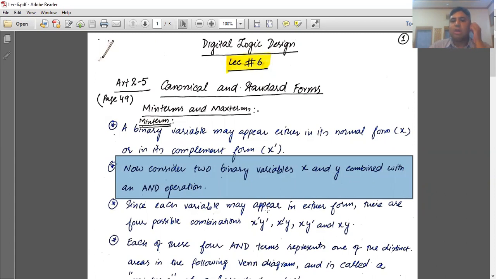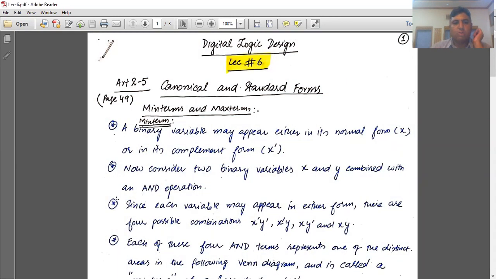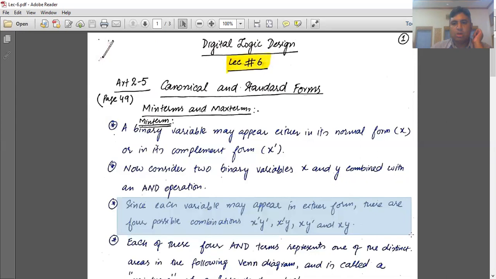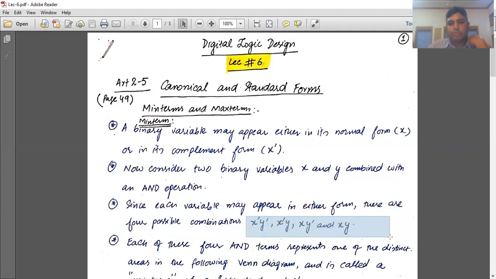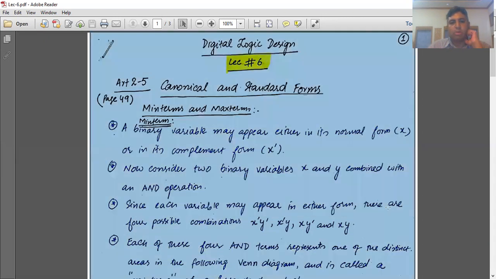If x and y are combined with an AND operation, there are four possibilities. Which are those four possibilities? These are the four possibilities. Each variable may appear in either form. There are four possible combinations: x bar y bar, x bar y, x y bar, or xy. These are the four possible combinations of two variables combined with the AND term.